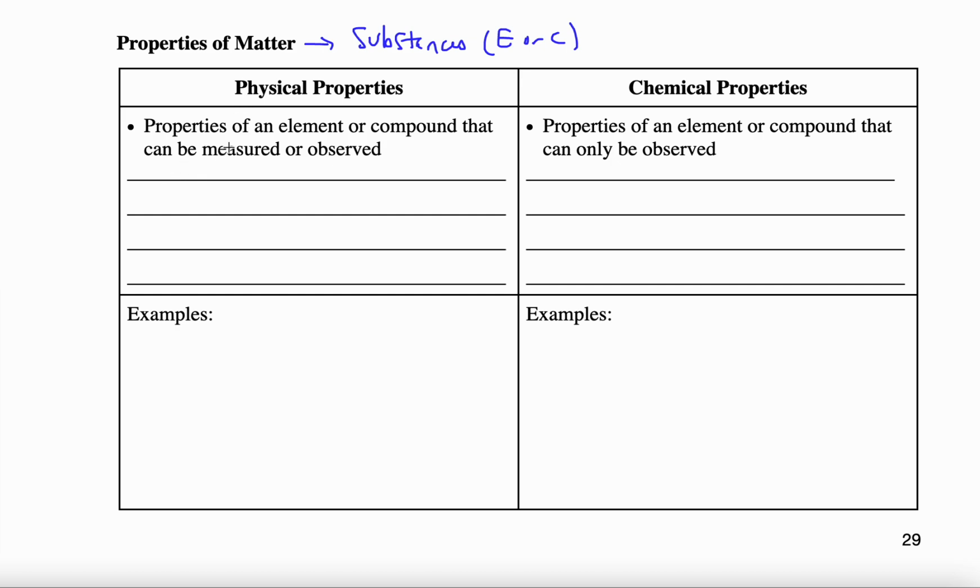So physical properties, these are the properties of a substance, of an element or compound, that can be measured using laboratory equipment or observed typically with our 5 senses.